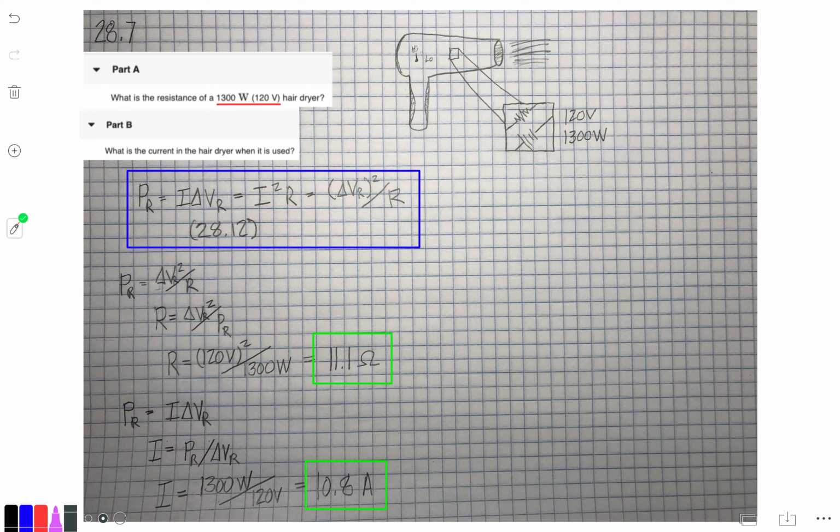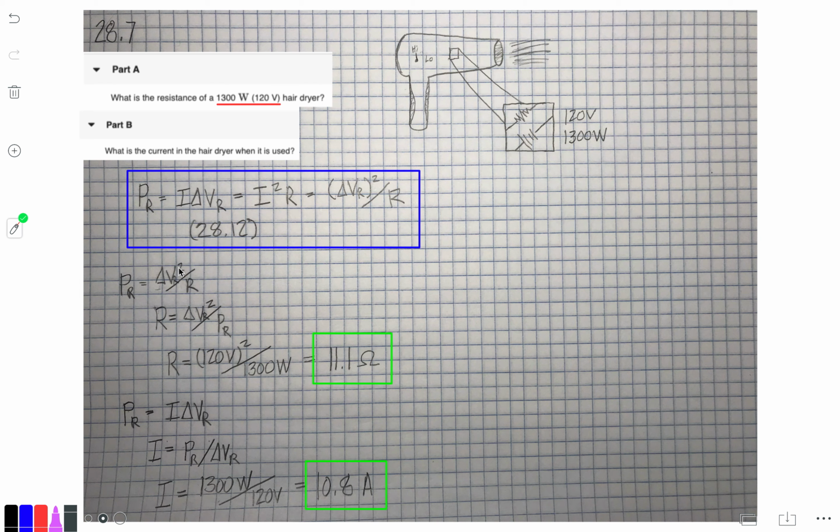So just going ahead and getting into the problem, we have that our power of the hair dryer is 1300 watts as well as 120 volts. So since we're dealing with watts and volts and we're looking for resistance, we can use this relationship here and then rearrange for R to solve for resistance.